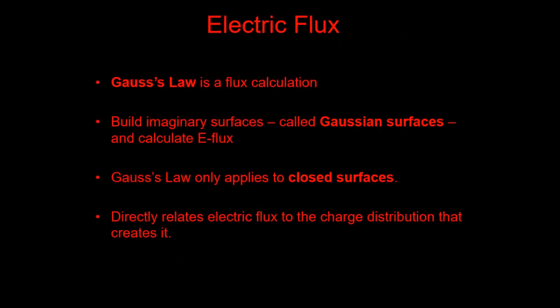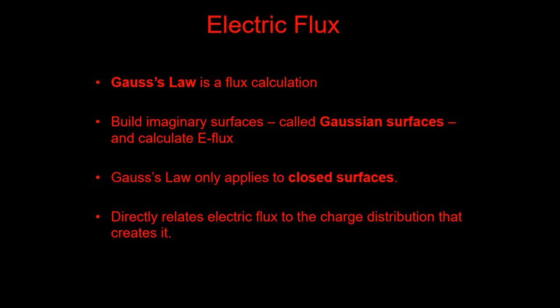So Gauss's law is a flux calculation, and we can build any Gaussian surface we want. A Gaussian surface is essentially imaginary. It's a mathematical construct. So don't think about what it's made from, how it's constructed. It's really a way of quantifying how much electric field is running through some part of space and modeling that electric field with the flux to know how strong our system is.